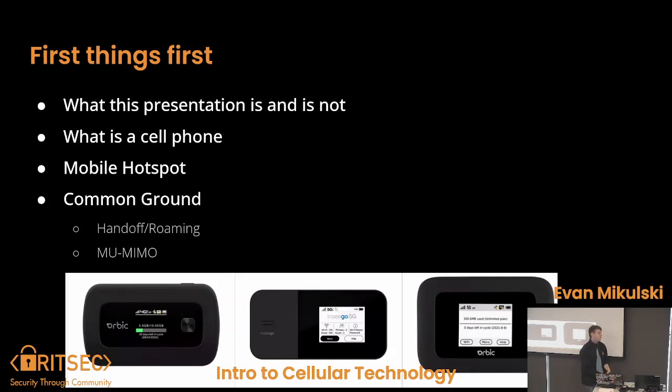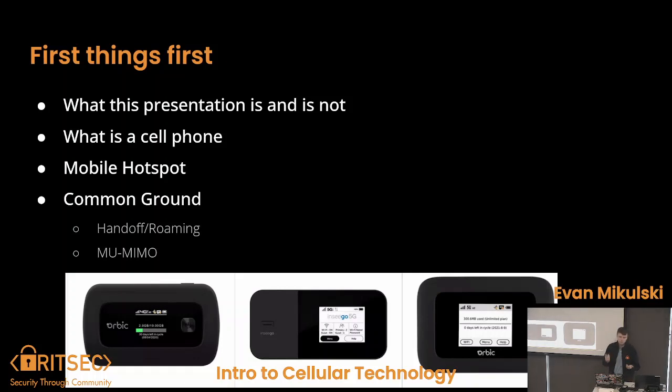So handoff and roaming: cell sites, which we'll touch on later, can be thought about as just wireless access points. When moving between geographic locations, whether it's just in a building or across miles, there's got to be some form of handoff or roaming, so that your device knows to connect to the same network, but to a different physical device.